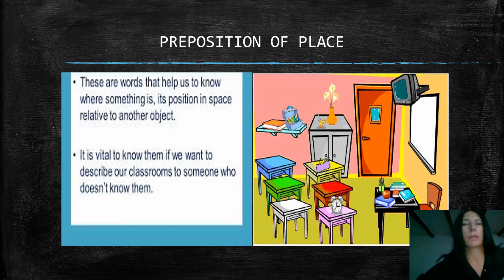Preposition of place. These words help to know where something is positioned in space relative to another object. It's vital to know them if we want to describe our classroom to someone who doesn't know it.